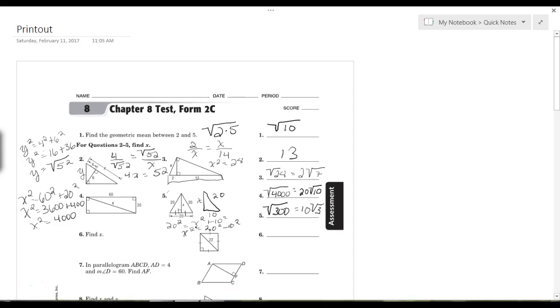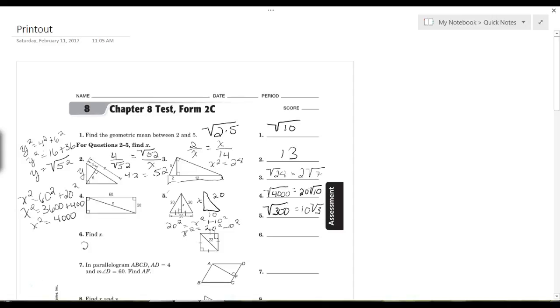Number 6, I've kind of covered up my x there, but I'm looking for the length of one of these sides, which is x. I see that all the sides are equal, so I'm looking at a square, and 22 is my diagonal, which is also the hypotenuse of one of these triangles.